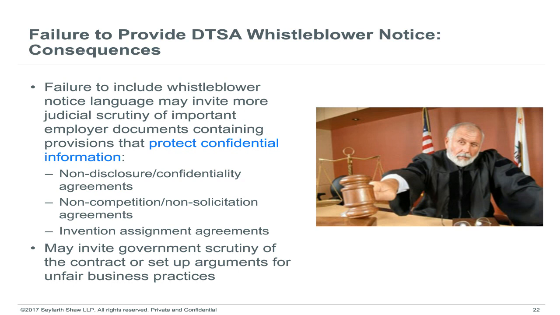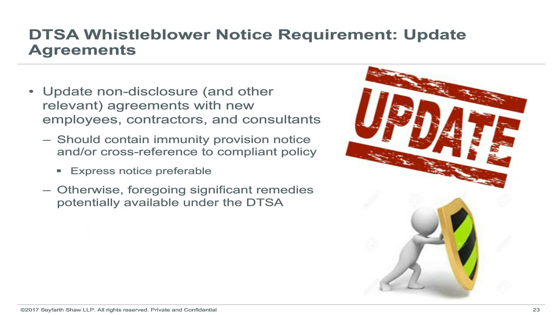So if those third parties are independent contractors or consultants, you should be asking them to have the whistleblower immunity language in the agreement. And so what you should do now is update your non-disclosure agreements with employees, contractors, and consultants. You should contain the whistleblower immunity notice or a cross-reference to your whistleblower compliant policy.